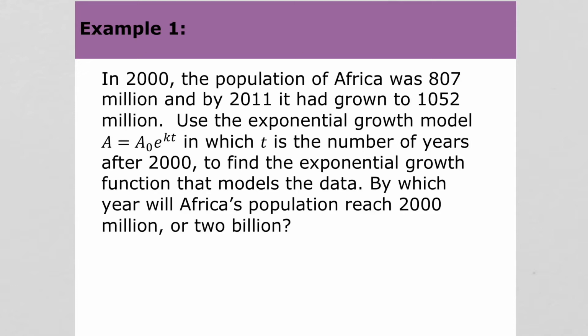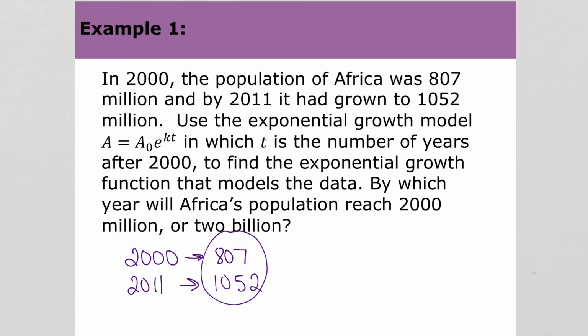Now what we've got here is we've already got two pieces of information. In 2000, the population was 807 million. In 2011, the population was 1,052 million. And since we've got these two pieces of information, we can use those to help us find k.